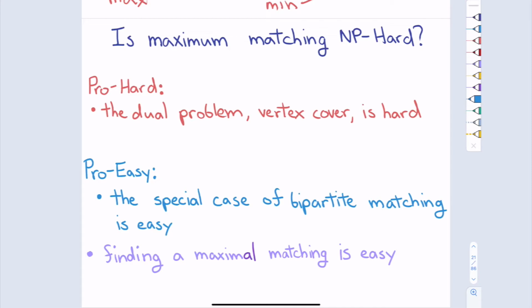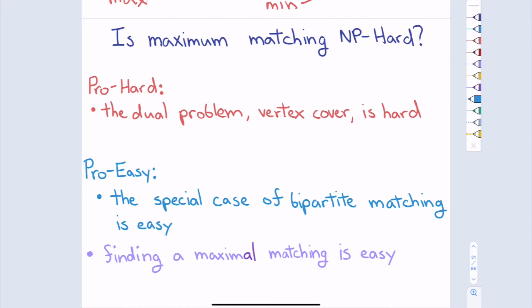Maybe the best argument on the easy side is that I do know how to solve the bipartite version of the problem. We did that before spring break. Now, maybe you're wondering how come we haven't already shown it's hard.